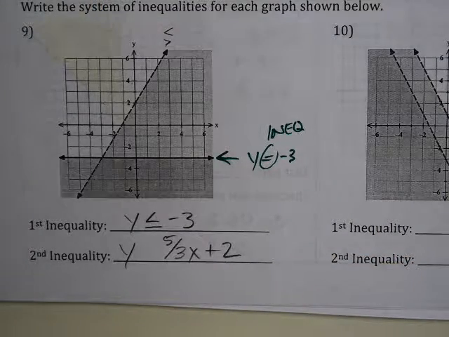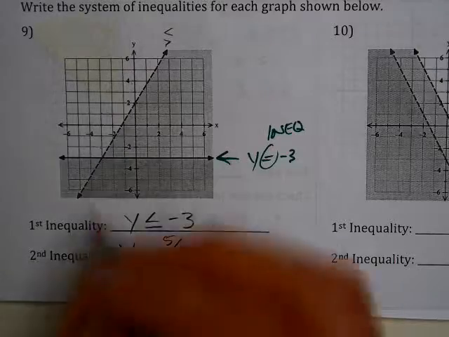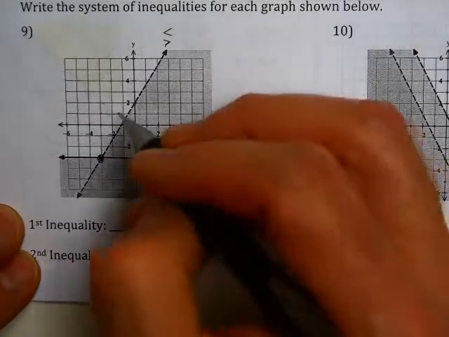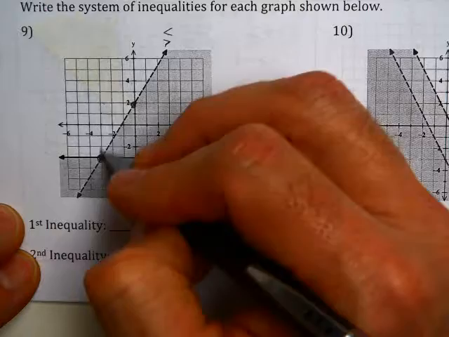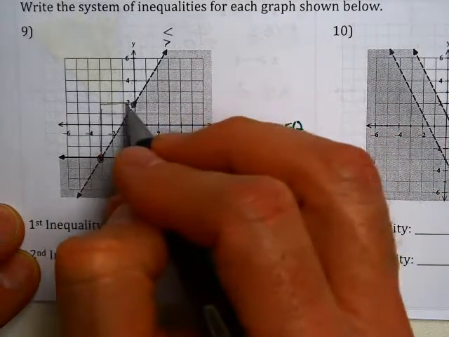What I did is I used this point here and this point here, and I counted up 5 and over 3.